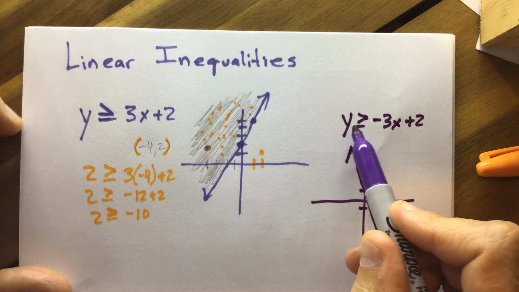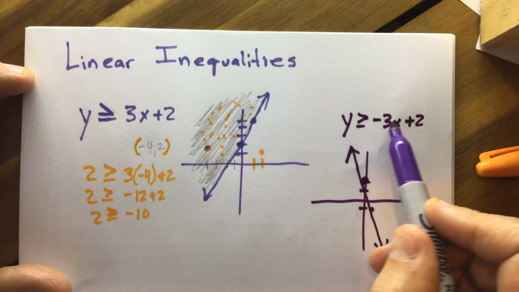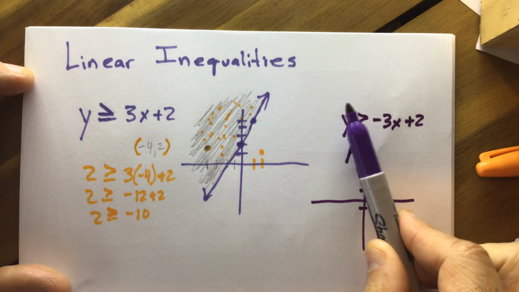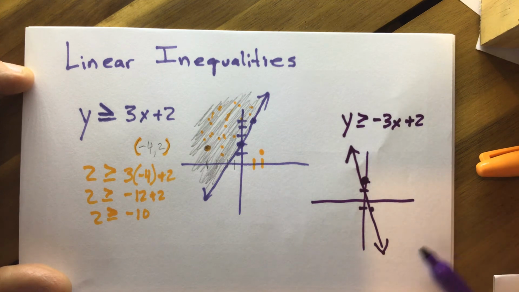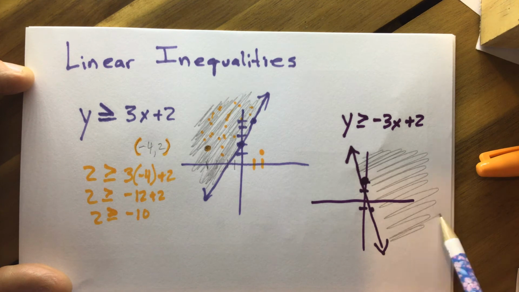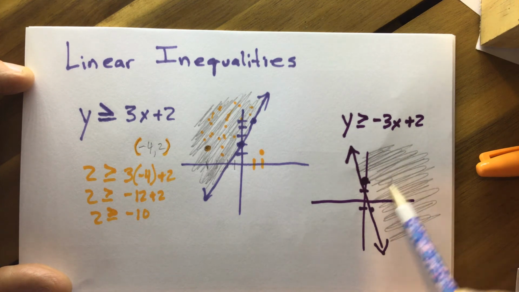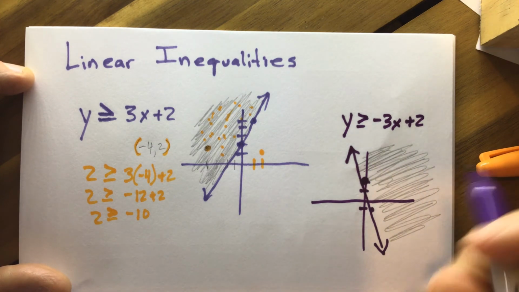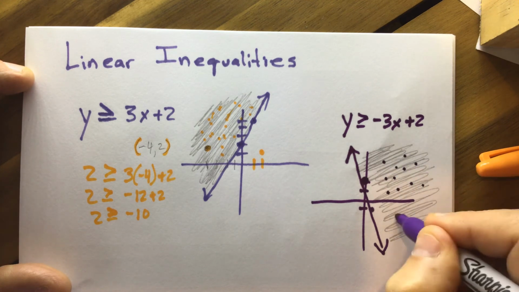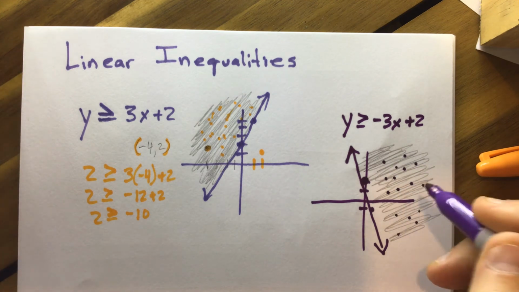And if you were saying y is greater than this function, I would say, again, this is like a ladder leaning against a wall. This would be greater. So this time I would shade this side. And anything over here is a solution to this inequality. Any point here is a solution. And you can test those points. These dots are called test points.